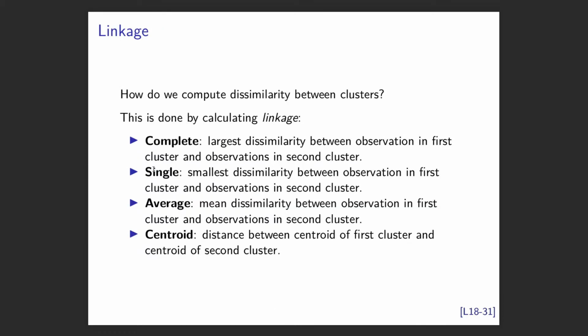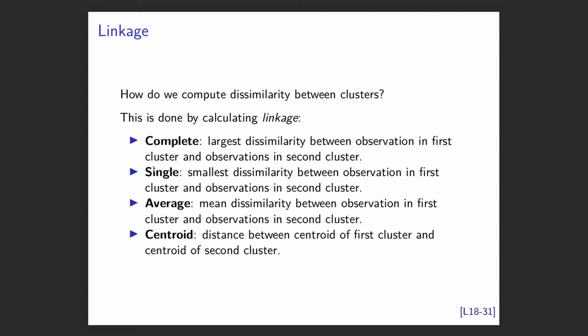So, how do we compute dissimilarity between clusters? There's 5 I'll do. The first are the classic linkages. Complete says, if you have 2 clusters, work out the distance between every point in the first cluster and every point in the second cluster and take the maximum distance to represent the distance between them. That's called the complete linkage.